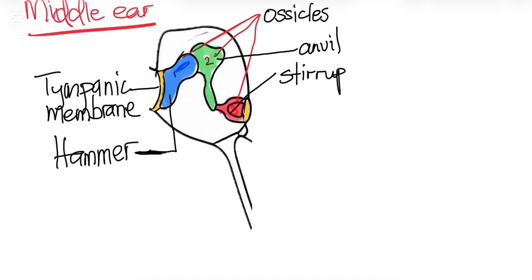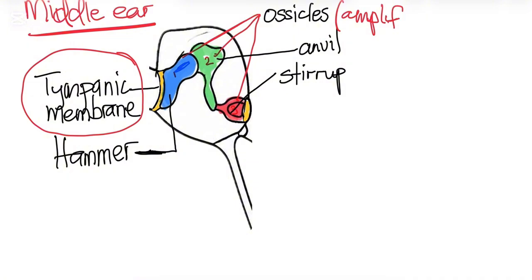But maybe before we talk about this part, let us look at the function of the ossicles. The function of the ossicles, number one, is to amplify the vibrations that would have been produced by the tympanic membrane. So they amplify the vibrations, right?